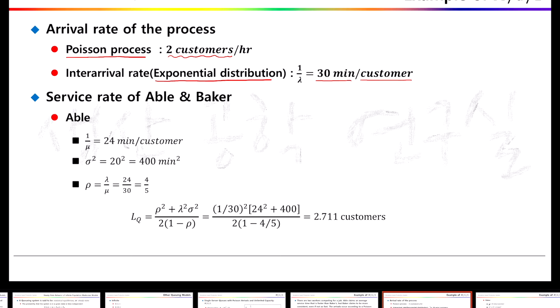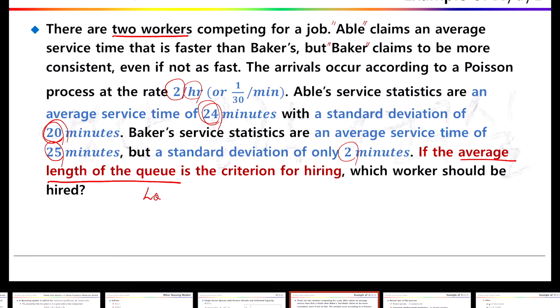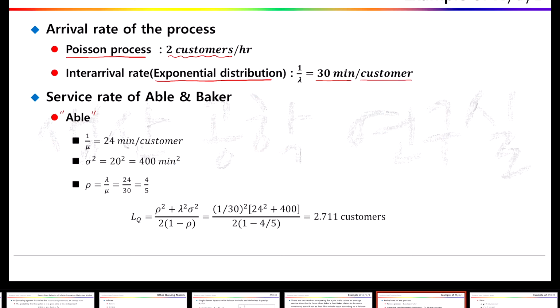Then the service rates of Abel and Baker. Let's calculate how they are going to be. With respect to Abel, the average service time is 24 minutes. So 1 over mu, where mu is the rate, is 24 minutes per customer.